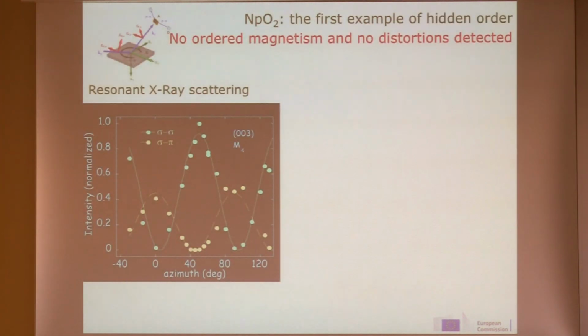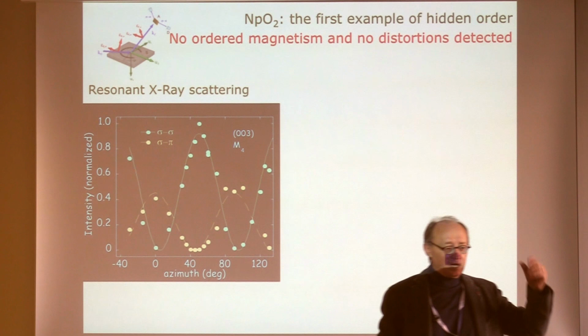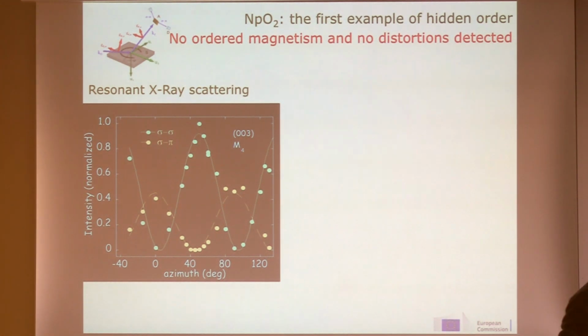Well, neptunium dioxide. As I told you, it was a mystery why there is this phase transition with a very large change in the entropy, a clear signature in susceptibility, but nothing to observe in diffraction and so on. Similar experiment with resonant X-ray scattering. Here, the sigma-sigma channel in blue and the sigma-pi channel in yellow, at the 003 forbidden position in the FCC lattice.